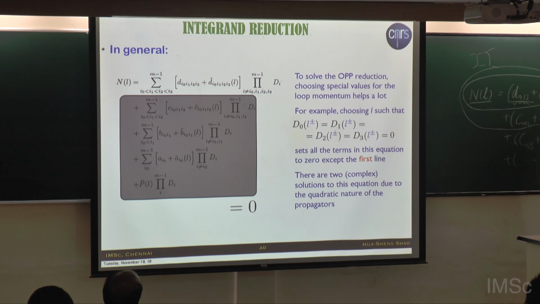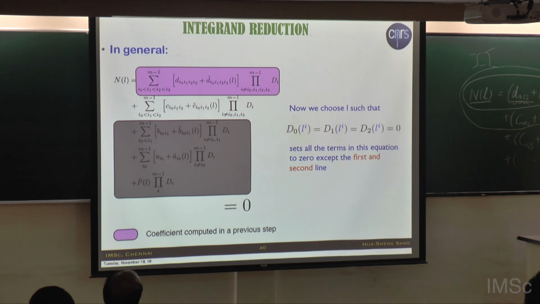After you solve these, for the second term you set three propagators instead of four to be 0. For example, 0,1,2 is 0. Then this term is still there, but you have already resolved it. All the D1, D2 terms are 0, so they are not there, and all the B terms are not there because you require only three to be 0. Only D3 is non-zero, so you can solve for C0,1,2 and C tilde 0,1,2.